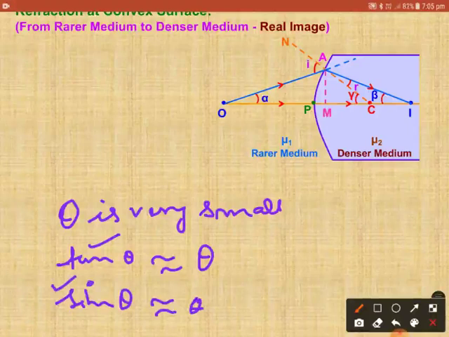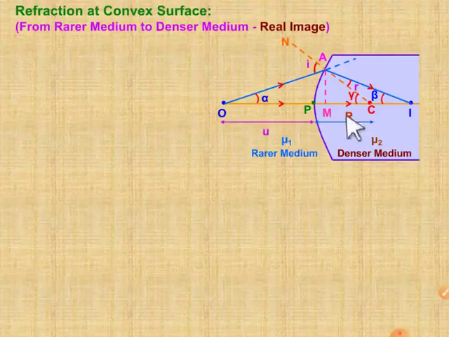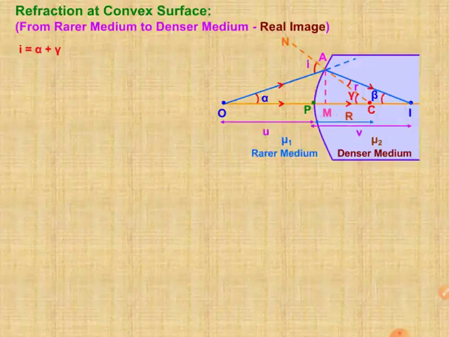Now let's see. This is the radius of curvature, and the object distance, from P to O, is denoted by u. From P to I is the image distance, the distance from the pole up to the image, denoted by v. Now let's see the geometry I have told you.